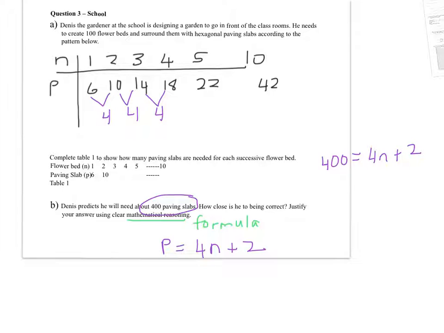He wants 100 flower beds. Sorry. So if n is 100, up at the very top here, he wants to create 100 flower beds. So if n is 100 in here, P must equal 402. So if he only gets 400, he's going to be 2 short.